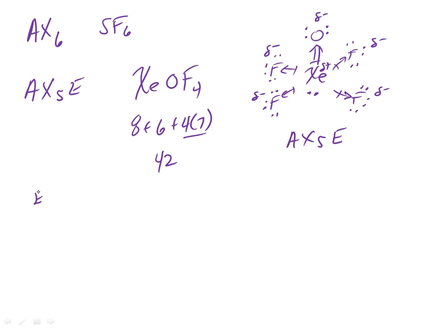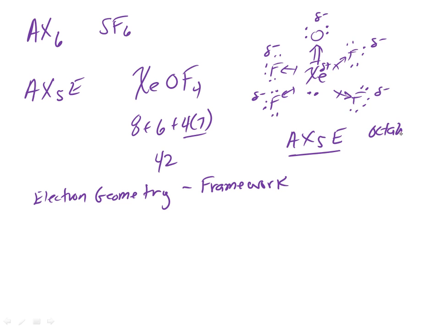Your book talks about electron geometry. The electron geometry is what I have been calling the framework. If we look at this, it's going to be octahedral. We know, and that's important, that's what we use to decide which jack we're going to pick up to make our model.